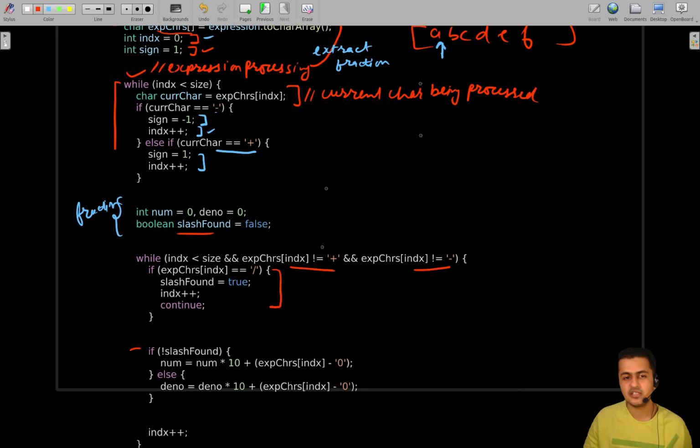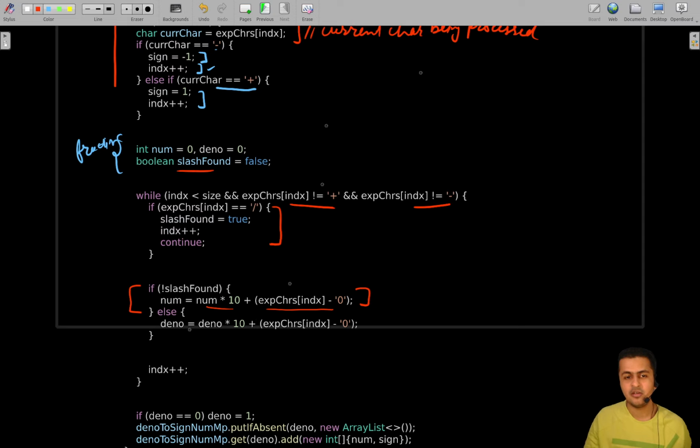Otherwise, if a slash is not found, you will be forming the numerator, and we already discussed how we form it, multiplying by 10 and taking the difference with the 0 character. That will give you the actual integer value. Similarly, if a slash has been found, then you will be forming your denominator, and since we are processing character by character, this index will be increased.